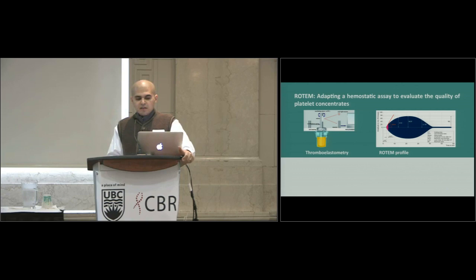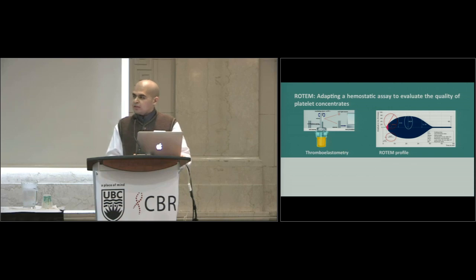What we are mainly concerned with are the specific parameters which reflect the clot formation time, which is the time for the clot to reach from 2 to 20 millimeters, and also the alpha angle, which is the rate of the fibrin-platelet interaction.